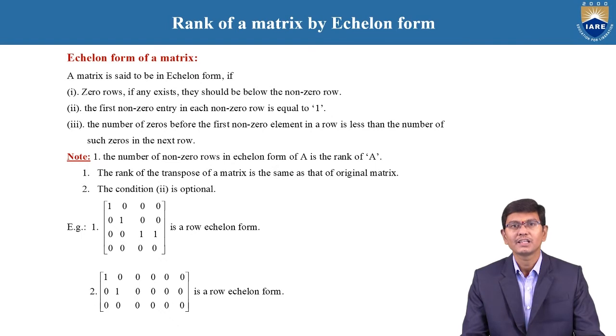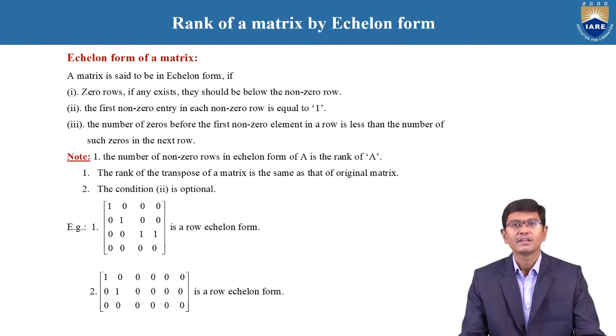The row operations are interchange of any two rows, multiplication with any non-zero number, or Ri plus alpha times Rj. By using only these three operations, we change the matrix to a standard form. Based upon the standard form, we identify the rank of the matrix.